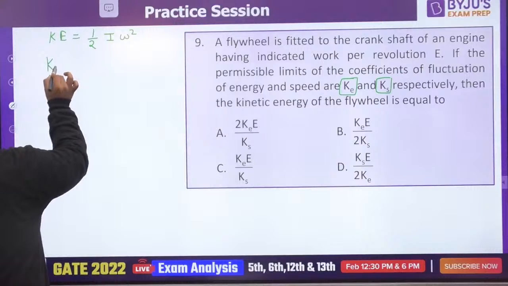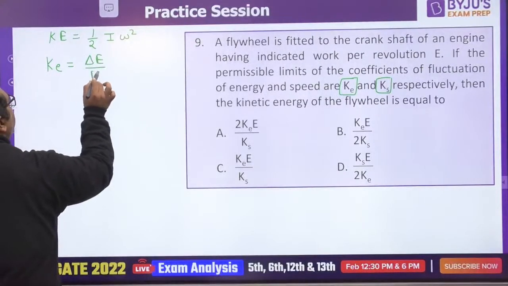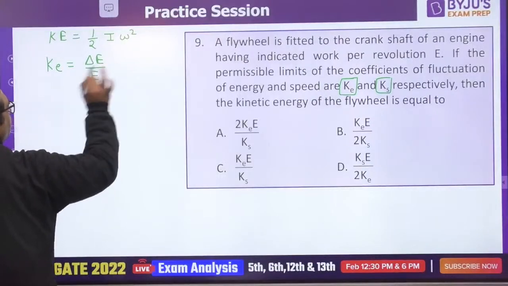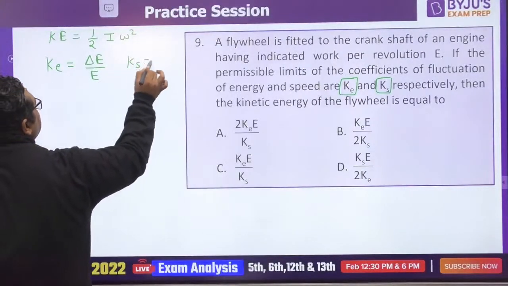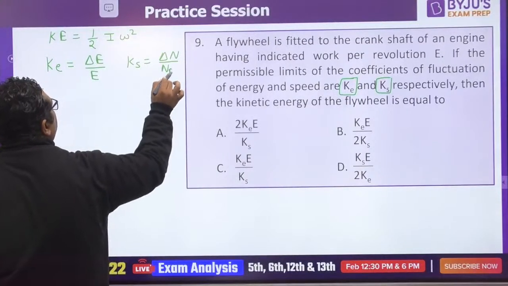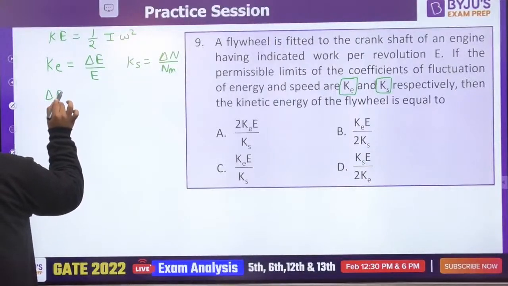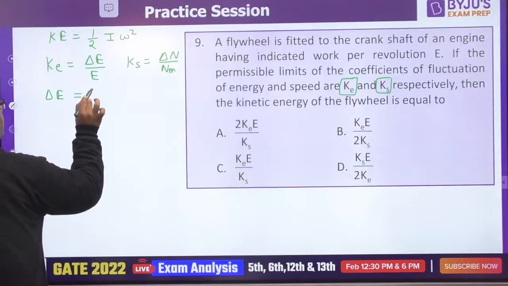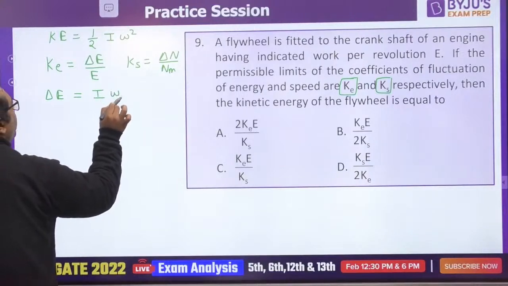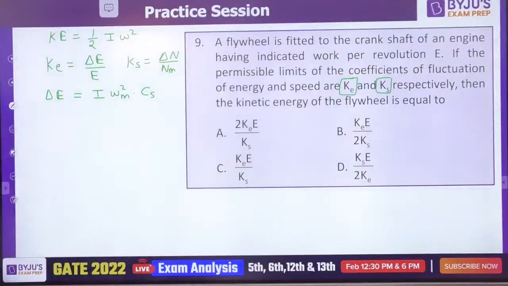You know Ke is delta E upon E, work done per cycle. Ks is delta N by N mean. You very well know delta E can be written as I omega mean square Cs.